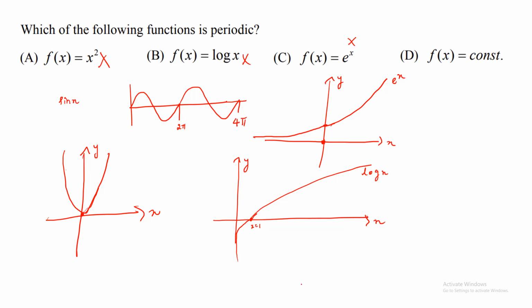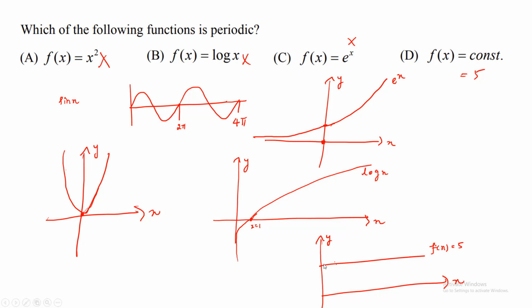If we go to the fourth option, which is the correct option, let's say this constant is 5. This is the x-axis and y-axis, and our f of x equal to 5 will look like this. As you can see from this graph, our definition of periodicity is satisfied here.